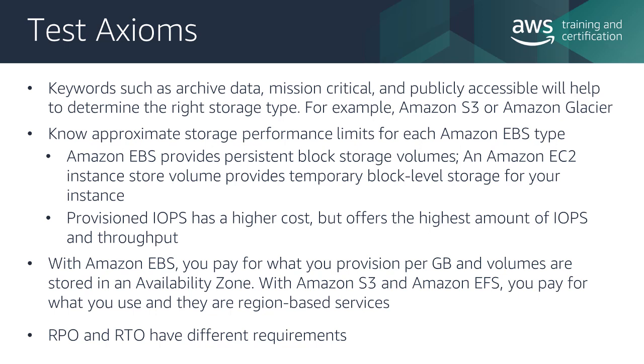As you talk about EBS, if you're looking for the most performance, that's provisioned IOPS. Understand the difference between ephemeral storage and instance storage, and also know the different types of pay structures: with EBS, you provision and pay for what you provision in terms of number of gigabytes, versus S3 and EFS, which are a pay-per-consumption model.